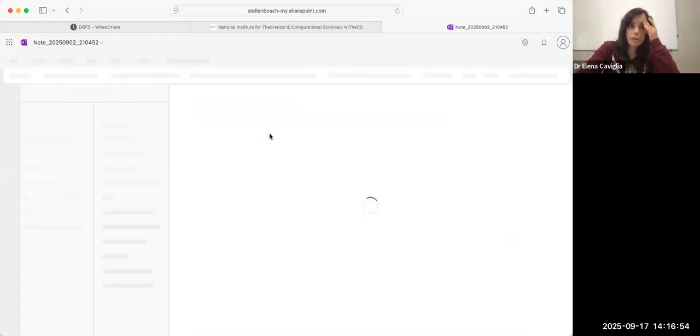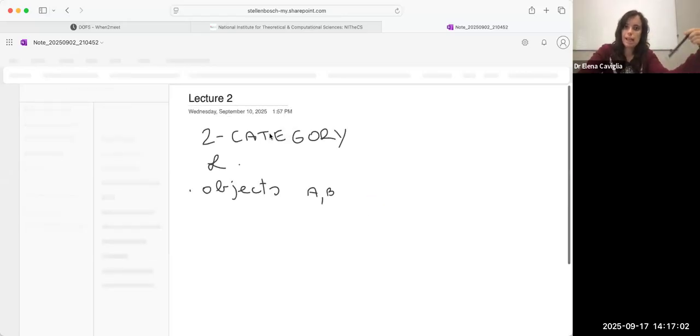So what is a pseudo-functor? It is a functor between bicategories that preserves identities and composites only up to isomorphism.